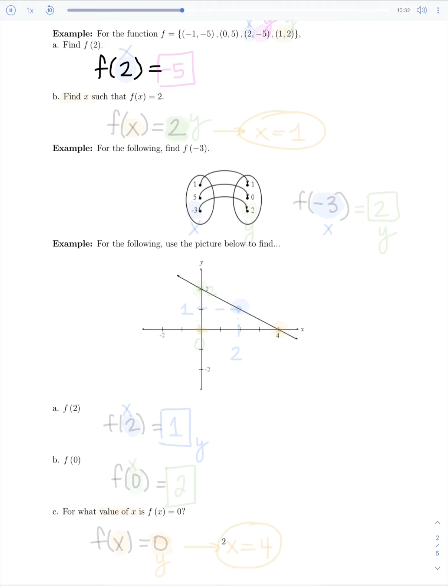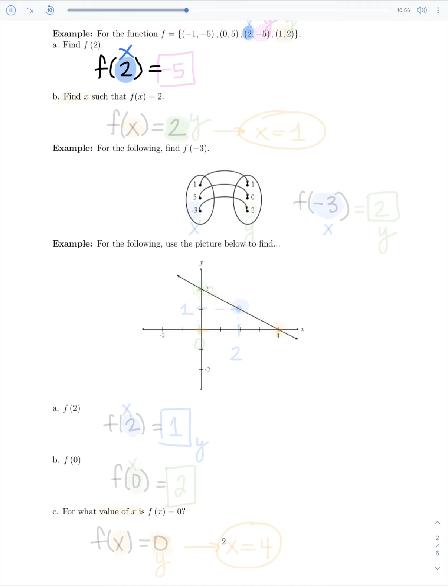Well, notice that x here is 2. And so if our x is 2, then we're asking what is going to be our y value for that x value of 2. So let's look through all the points and find the one point that has an x of 2.